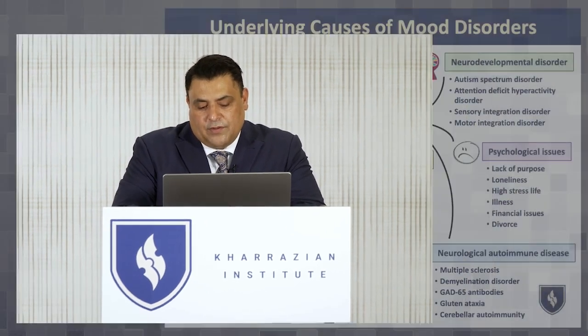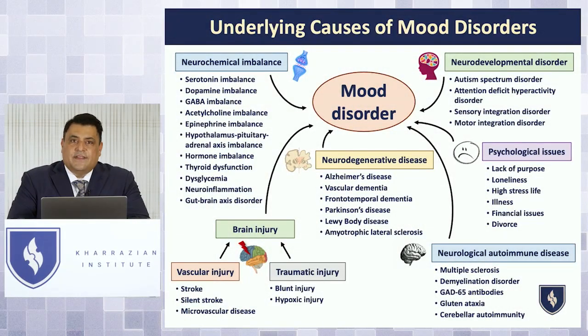So that's when you want to look at these antibodies. The most common neurological autoimmune disease in mood disorders is actually cerebellar autoimmunity and gluten ataxia, where a person gets antibodies to their cerebellum and brain or GABA pathways, GAD65. These are all associated with celiac and gluten sensitivity patterns.